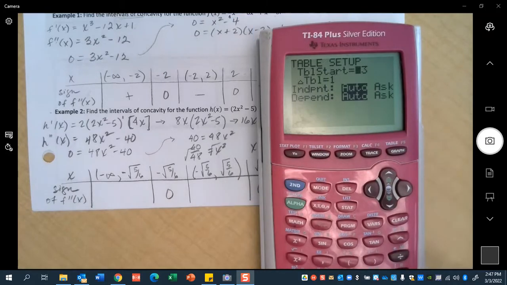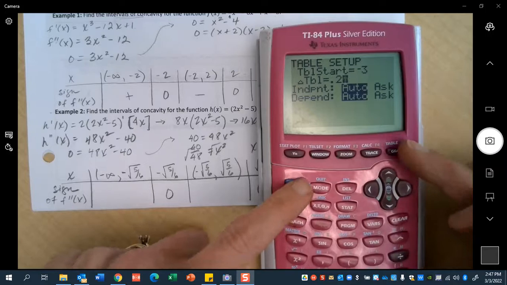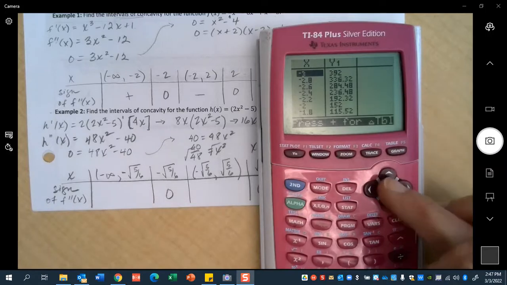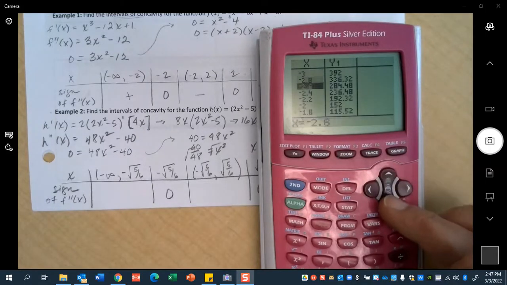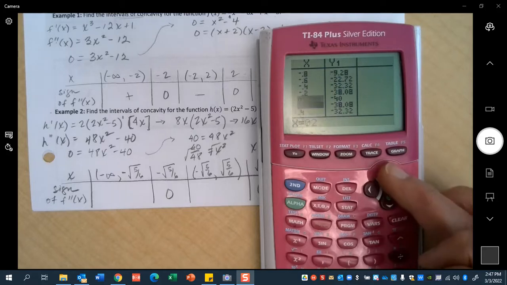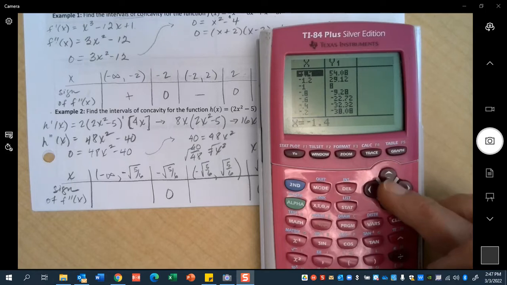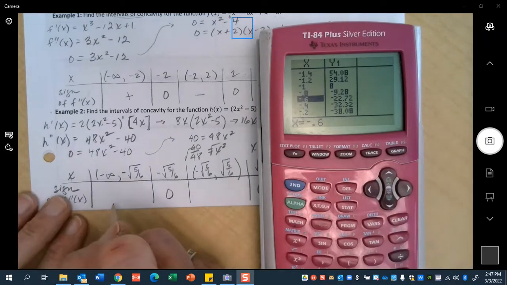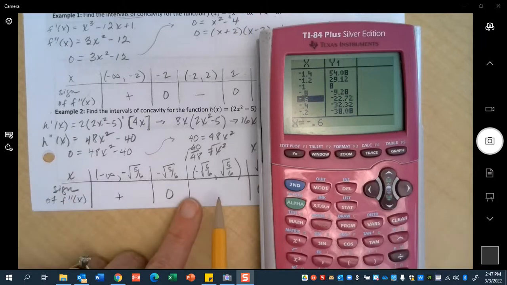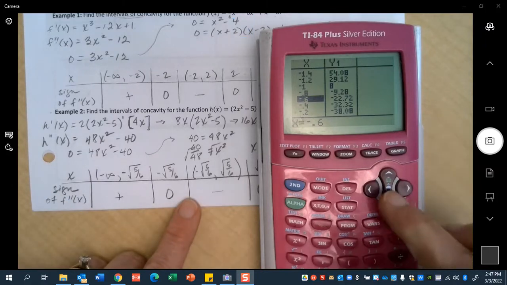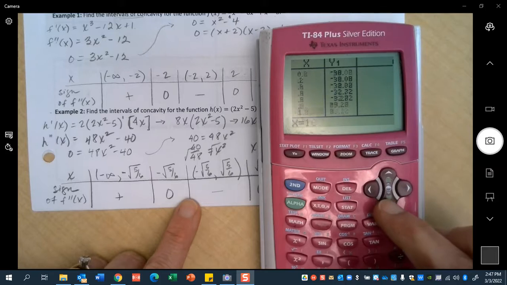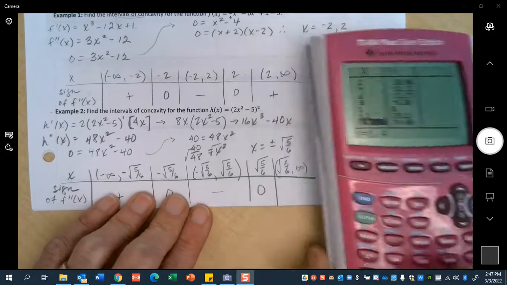Setting my table to go up in smaller increments, maybe 2/10 at a time, I can see from negative infinity up to negative root 5/6, there's my switch. So I start off positive, then go to negative past my inflection point, and I'm back to positive.